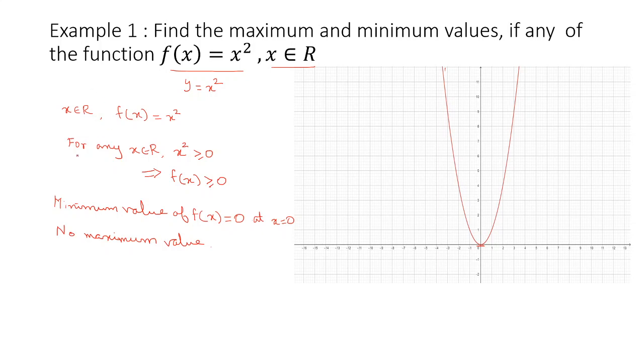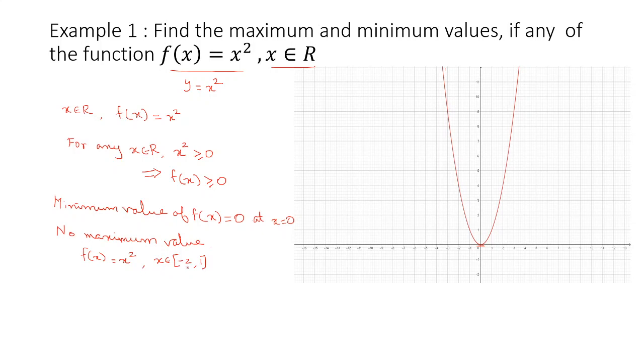If the same function f of x equals x square has x belonging to the closed interval -2 to 1, if we restrict it like this, then it will have both maximum and minimum.